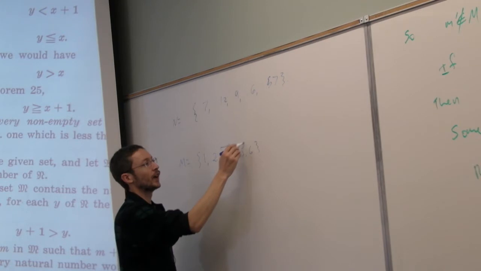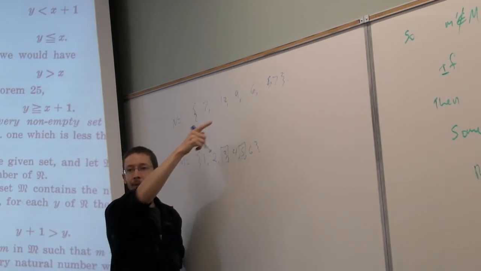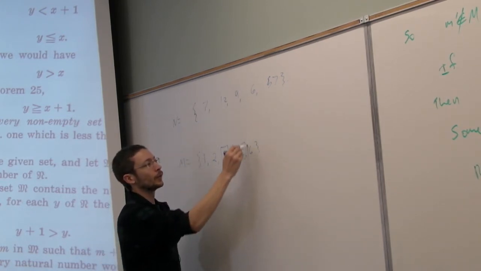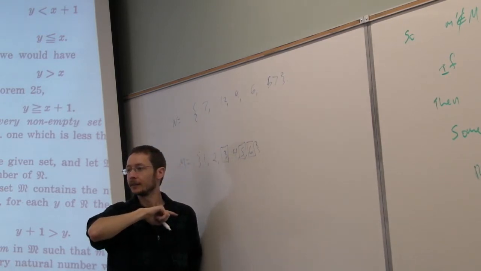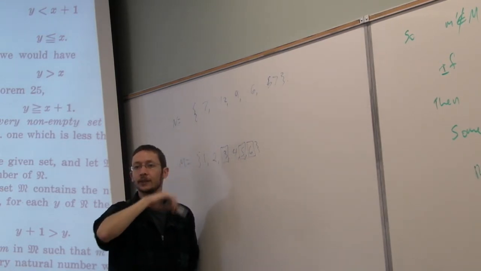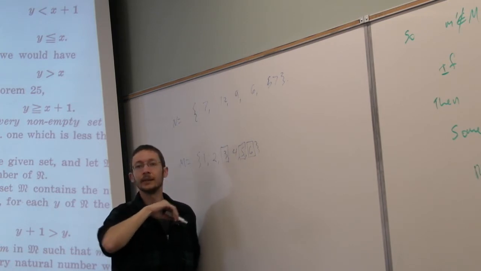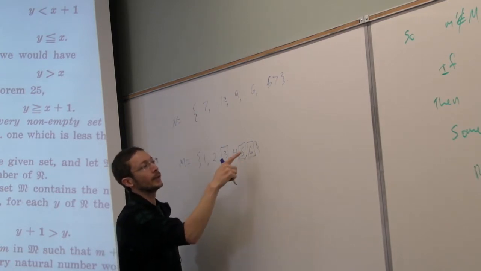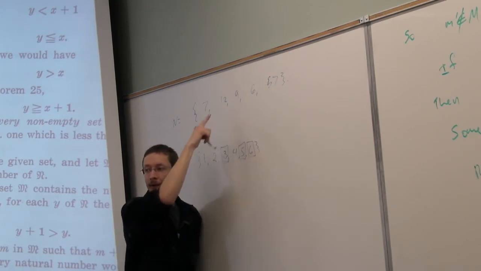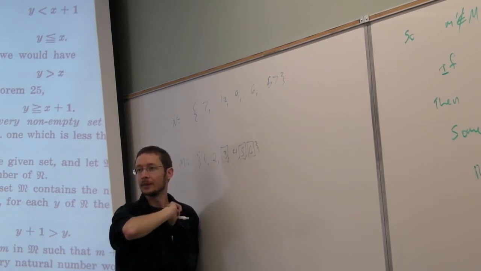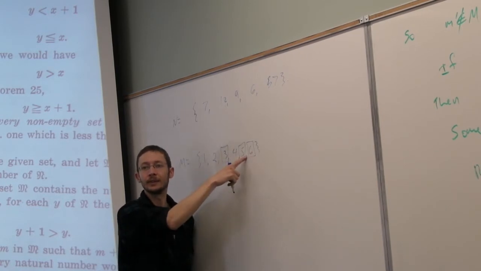So let's try a different one. 5. Is 5's successor larger than any element from there? No. What about this one, 6? Sorry, the successor to 6. Okay, yeah, we're looking at successors, right? The successor to this happens to be larger than one of these numbers. It's larger than 6, right?